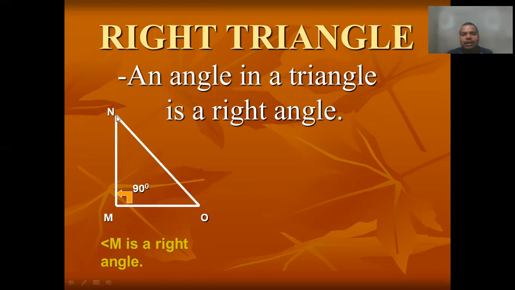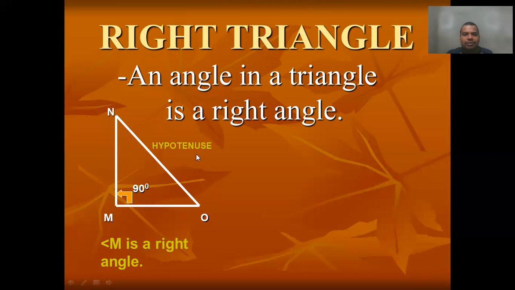Later the concept will come that this is the perpendicular, this is the base and this one is the hypotenuse, and based on the right angle triangle only there is a formula known as the Pythagoras theorem. We are not going to cover that here, but it is part of the right angle triangle.